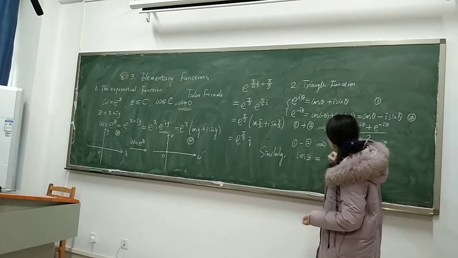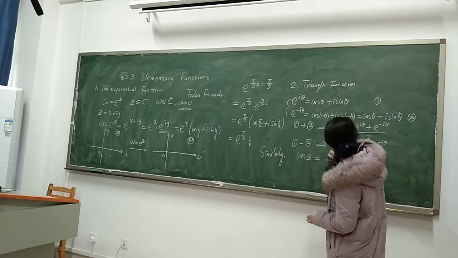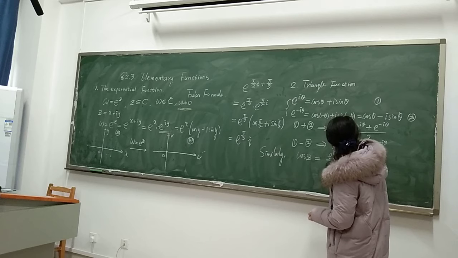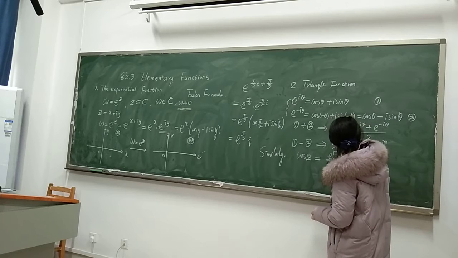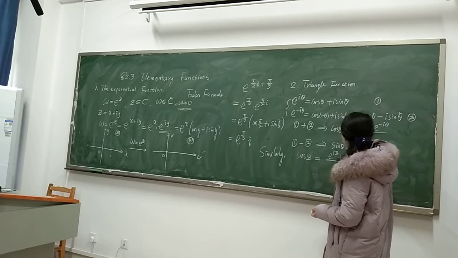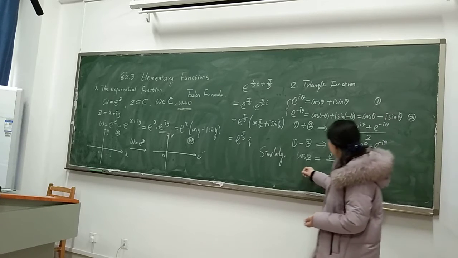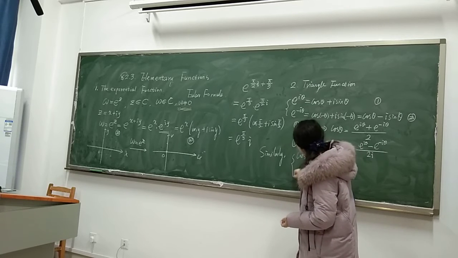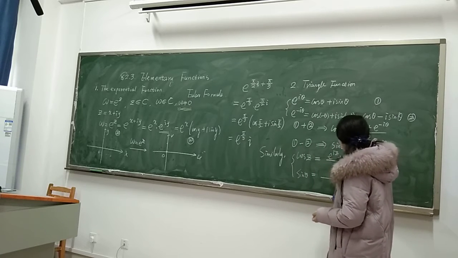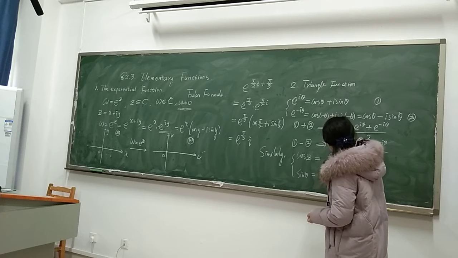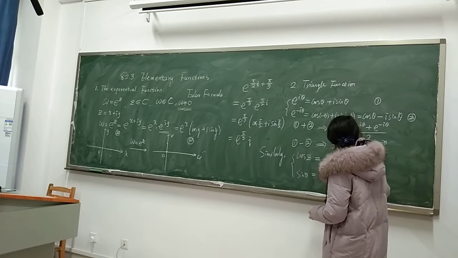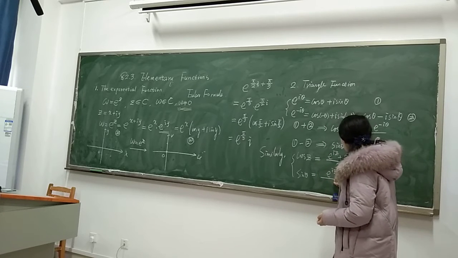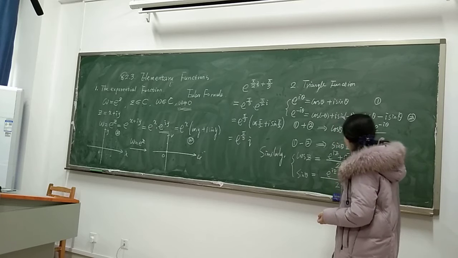So cosine z you can also write as (e^(iz) plus e^(-iz)) over 2. And sin z you can write as (e^(iz) minus e^(-iz)) over 2i.